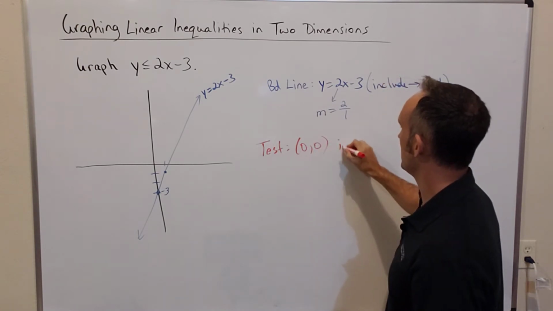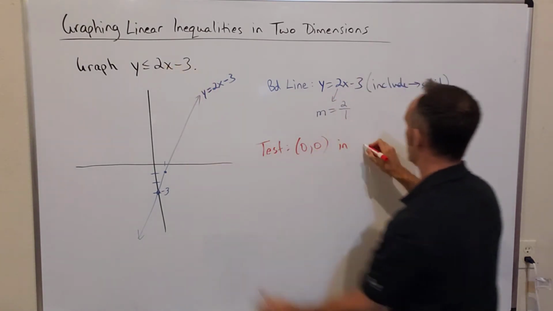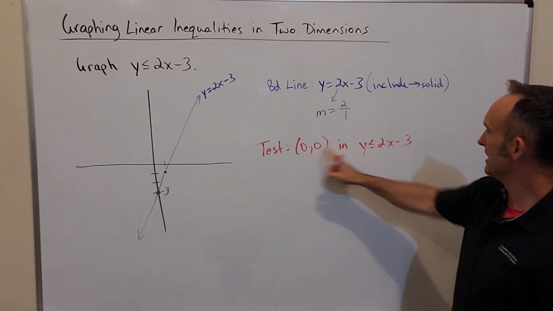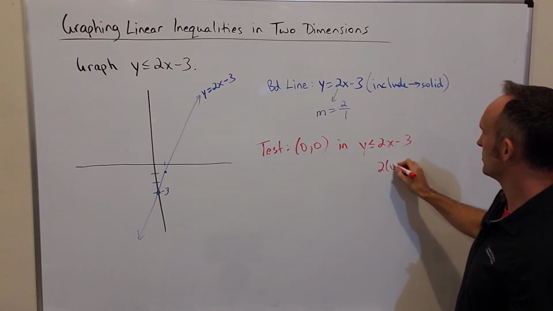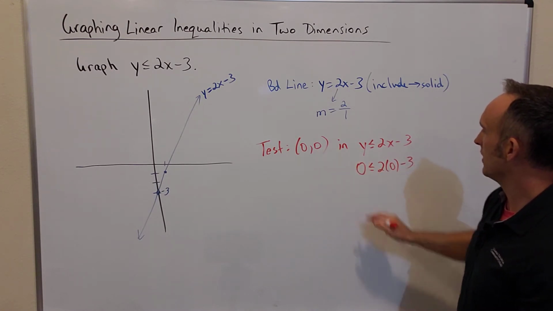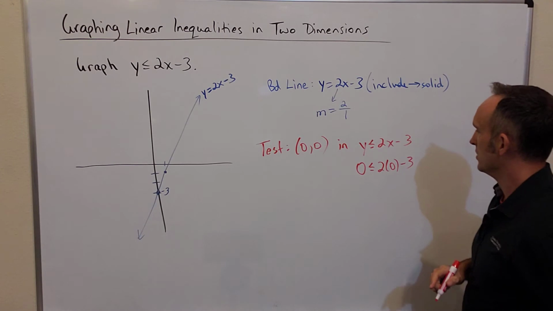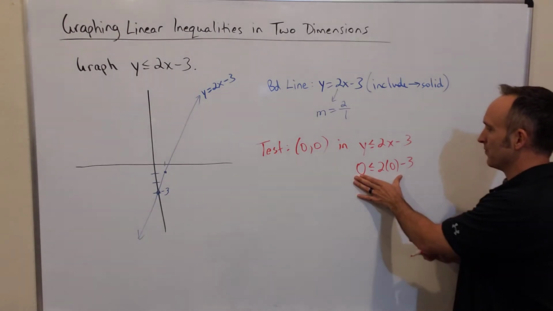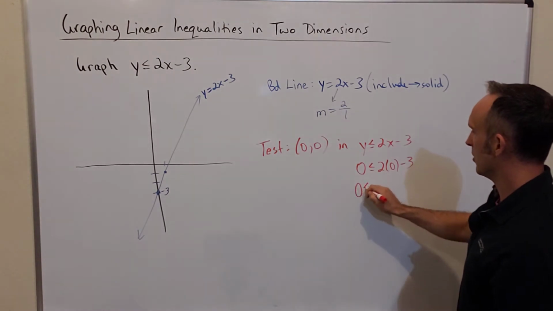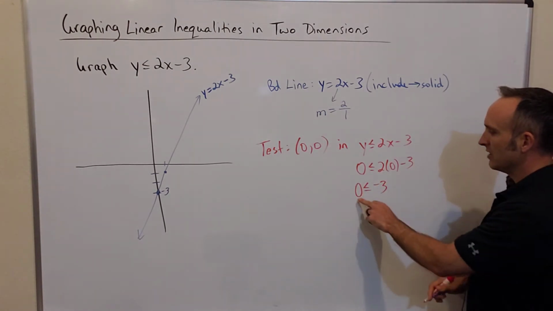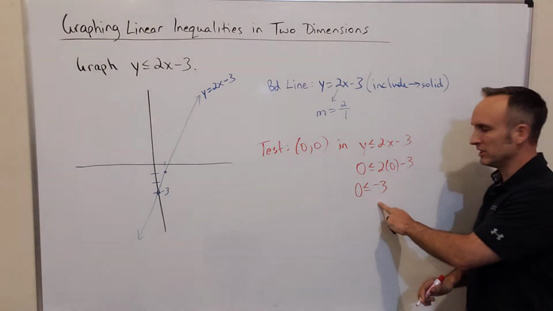Test 0, 0, and we want to test it in the original inequality. So if I plug in 0 for x, I get 2 times 0 minus 3. If I plug in 0 for y, then I get 0 is less than or equal to 2 times 0 minus 3. So what I want to know is if that's true. So the left side is 0, and if I simplify the right side, I get -3. Is 0 less than or equal to -3?